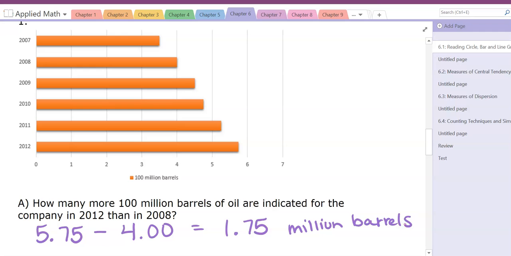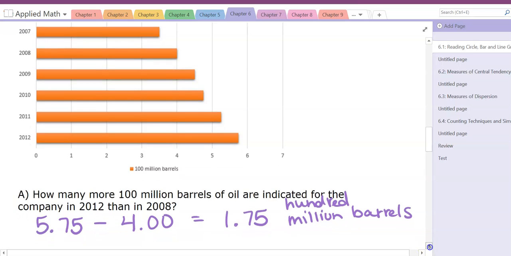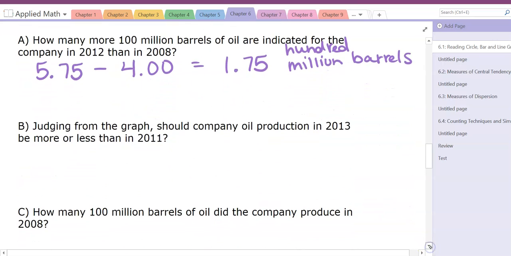Okay, so that would be the difference. Yeah, you're right, 100 million. 1.75, 100 million barrels.